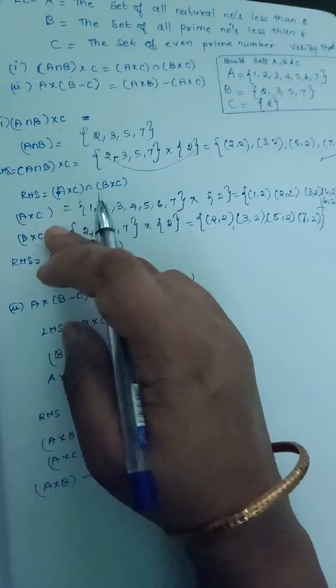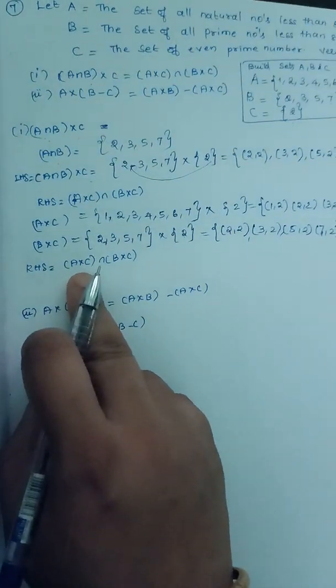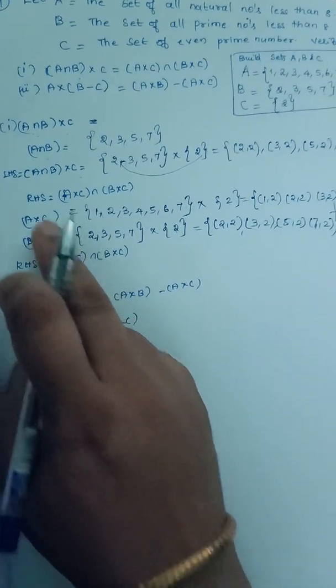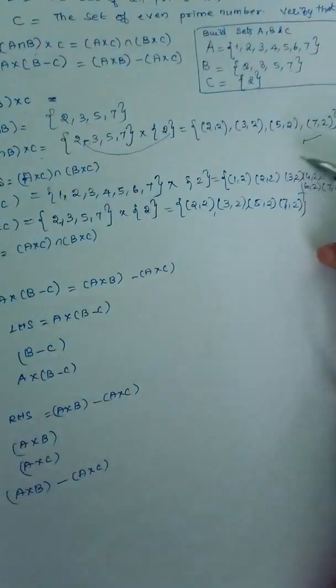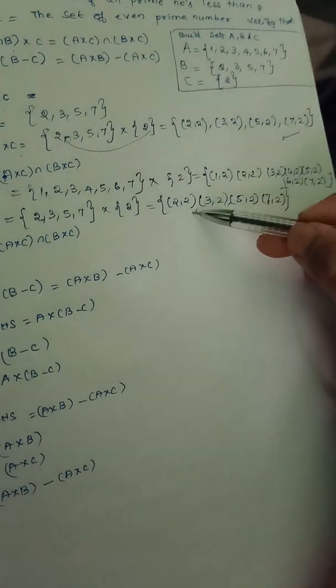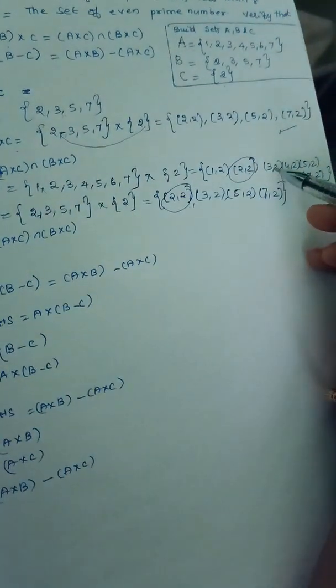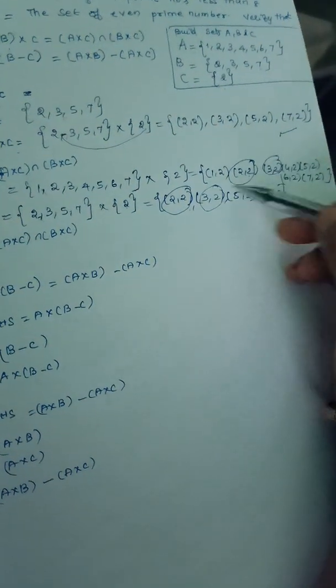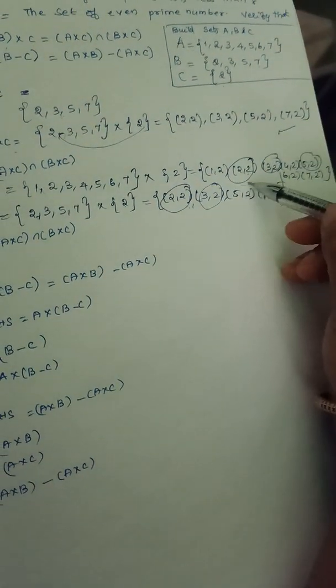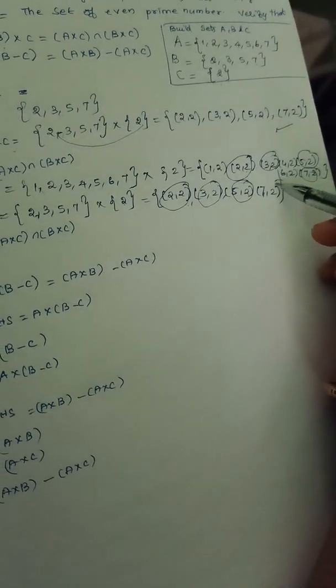Okay, now we have finished both. Next, we have to find the intersection. Intersection means the common elements. Which are the common elements? (1, 2) is only there, (2, 2) is there, here also (2, 2). So this is one common. (3, 2) is also common. Next, (5, 2) is common. Next, (7, 2) is common.